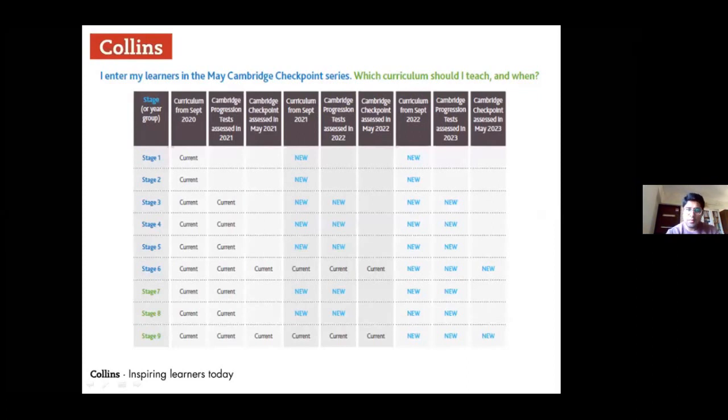As of now, you're completing the current syllabus because you're preparing your learners to sit for the March, April, or the April 2021 series, right? So after the April 2021 series ends, you will have to start teaching for the new curriculum.